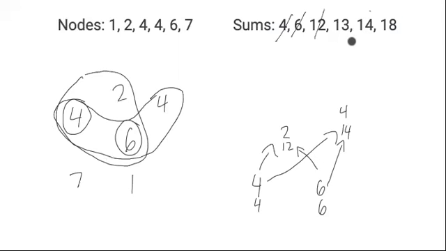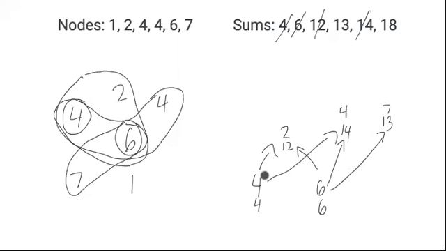Okay, what about this 13? We could just do, well, 7 hasn't been used yet. We could just go 6 to 7 like that. That would work. So just a single arrow from 6 going up to 7 for a total sum of 13 to that point.